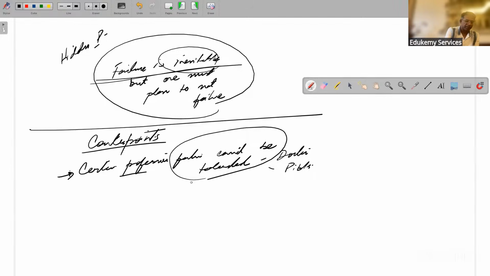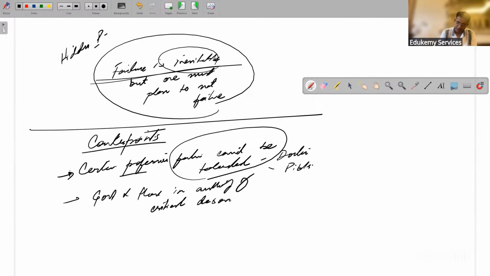ठीक है. वैसे ही governments and those in authority of critical decisions, think of war, think of hazards and disasters में, यहां पर I cannot glorify failures. Okay, we cannot glorify failures.